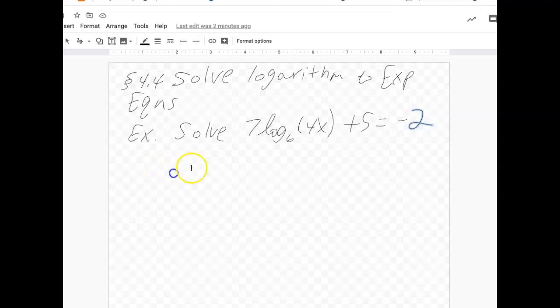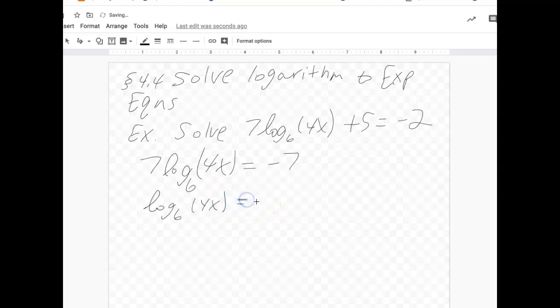So I'll have log base 6 of 4x equals -7. Divide both sides by 7, and we get -1.